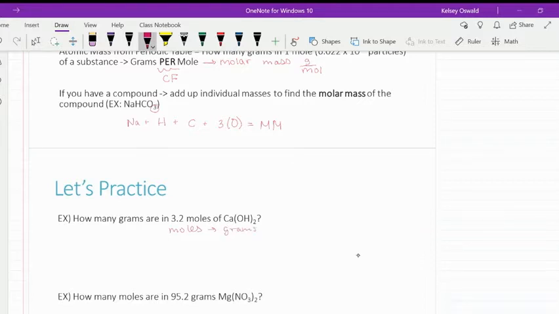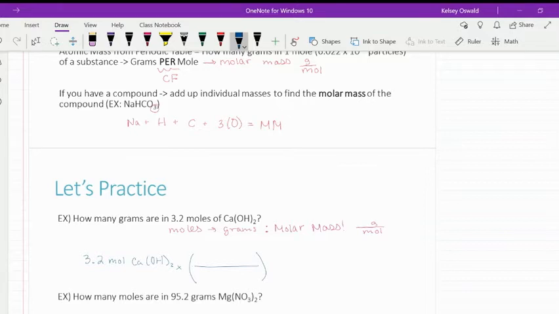And our tool to do that is going to be our molar mass, because that tells us how many grams we have per mole of substance. Okay, so remember, we never start with a conversion factor. So we are going to start with what we are given. So we start with our 3.2 moles of Ca(OH)2. We need to multiply that by a conversion factor that will cancel out moles and leave us with grams.